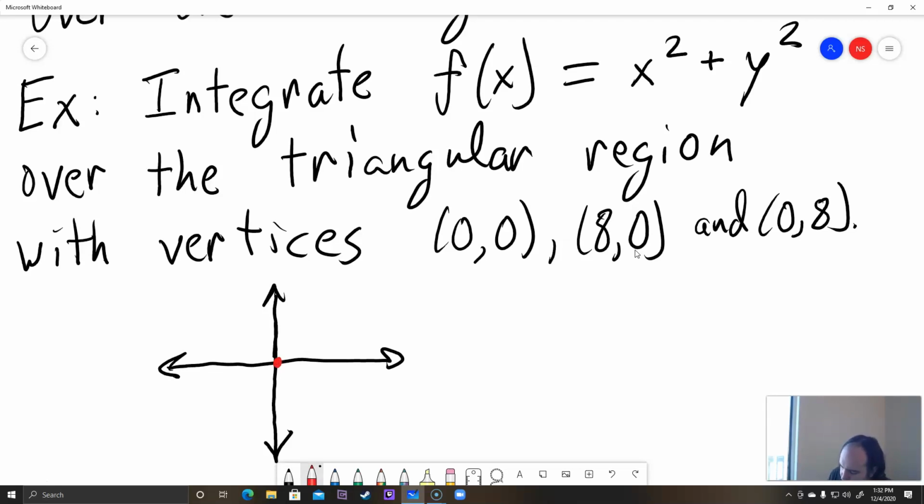Okay, we've got the point 8, 0, where x is 8 and y is 0. And then we have the point 0, 8, where x is 0 and y is 8. And we want to turn a triangle out of that. So let's go ahead and make that into a triangle, just connecting the dots.